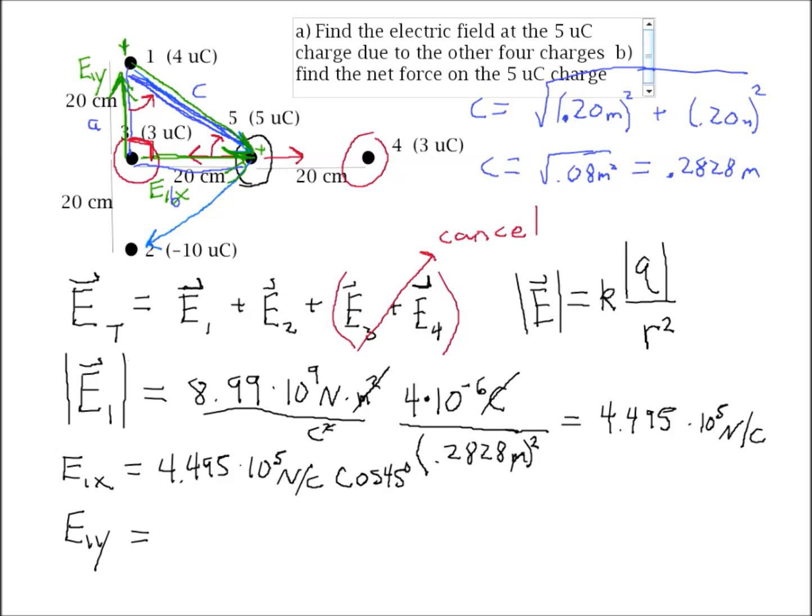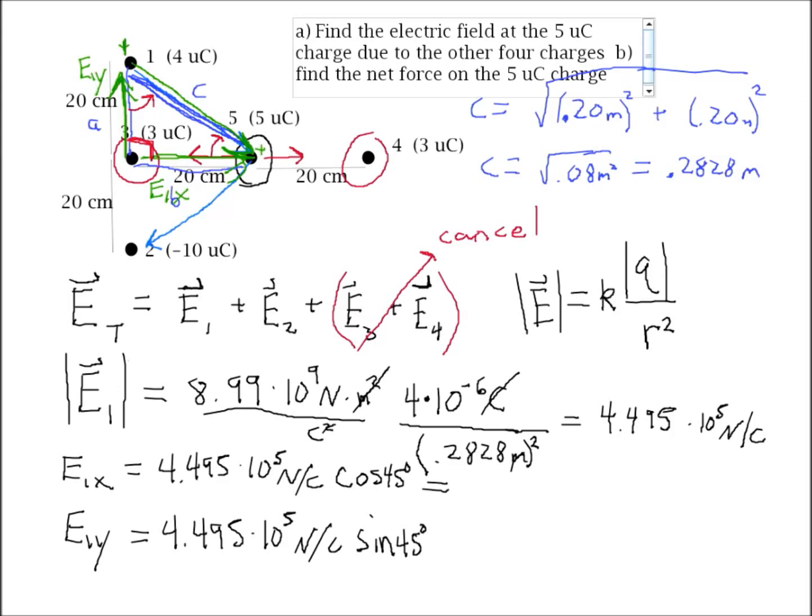Times 10 to the 5 newtons per coulomb. Since it's adjacent, we'll use cosine 45 degrees. And then E1y is equal to the total electric field E1 times 10 to the 5 newtons per coulomb times the sine of 45 degrees because it is opposite to the 45-degree angle.